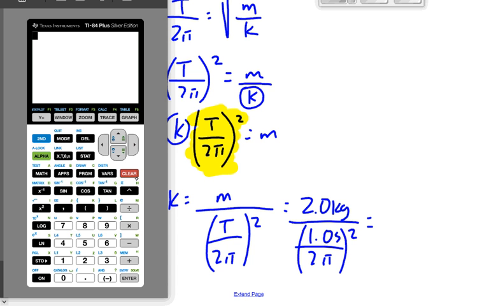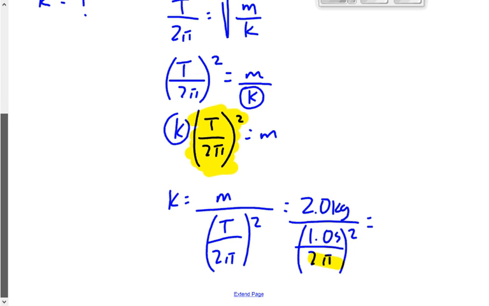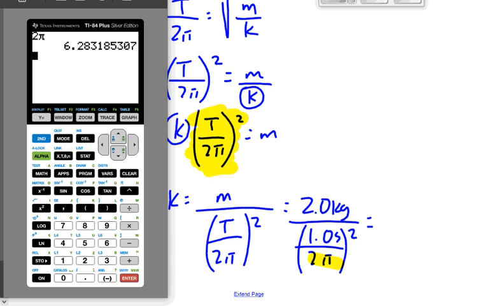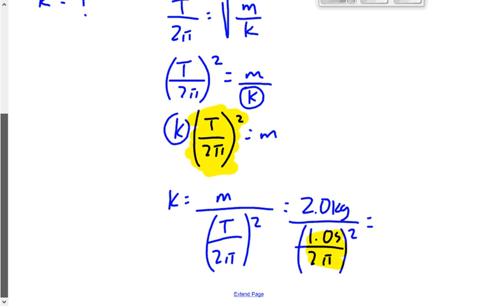I'm going to say, just start at the bottom. Like, always start at the bottom, if you're doing it one step at a time. 2 times pi equals 6.28. Now let's say 1 over 6.28 equals 0.159. Now let's square that.